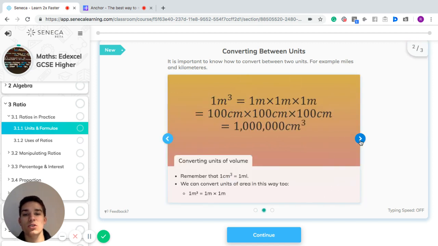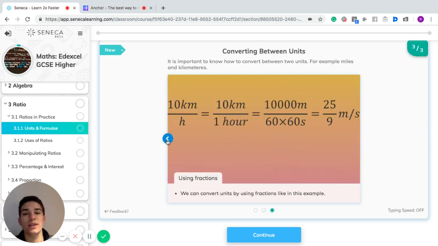And when we're converting units of volume, we need to be careful because we need to remember that 1 centimeter cubed is the same as 1 milliliter. And we can convert units of area in this way too. So 1 meter squared is 1 meter by 1 meter, and 1 meter cubed is 1 meter by 1 meter by 1 meter.